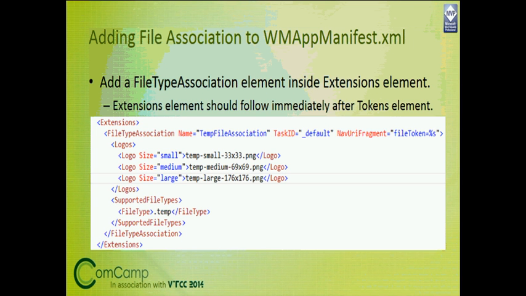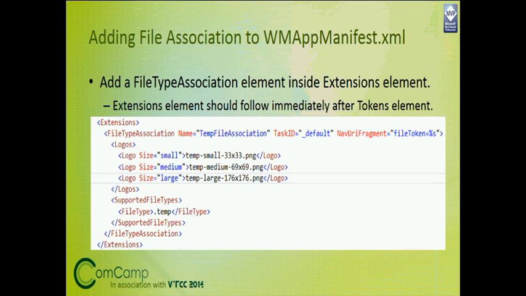So, adding a file association to the WMAppManifest.xml file. The registration of the file needs to be done in this file, and you can find it in the properties folder of your Windows Phone project. You need to open this in the XML editor from Visual Studio. If you open this in the GUI designer, then you might not be able to see the right option.